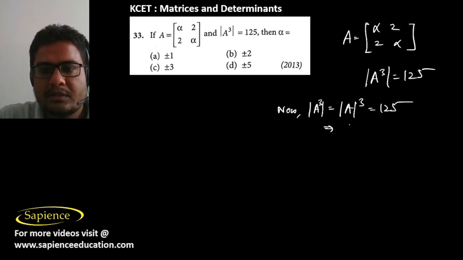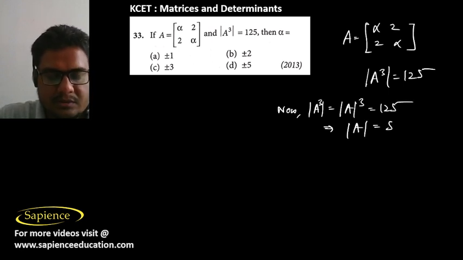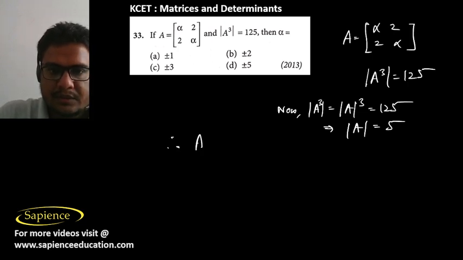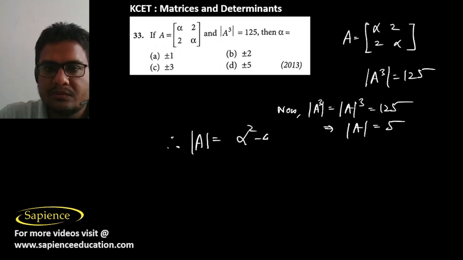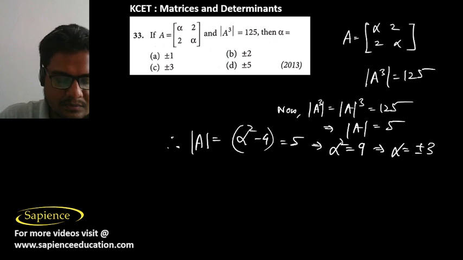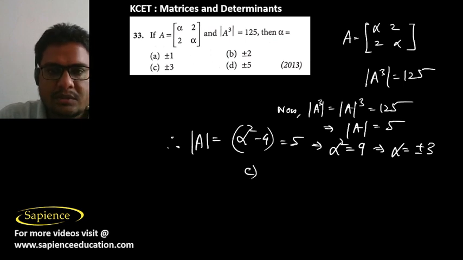So it means that determinant of A is equal to 5. Now if we find the determinant of A, that will be equal to alpha square minus 4. Alpha square minus 4 is equal to 5. Alpha square is equal to 9. Alpha will be equal to plus or minus 3. Option C is the correct answer.